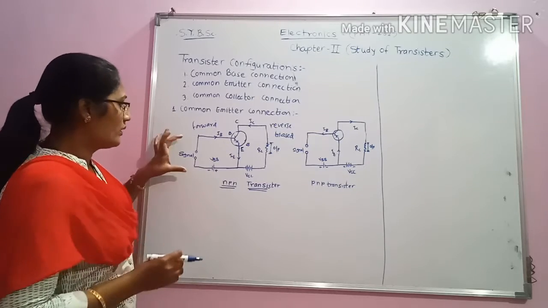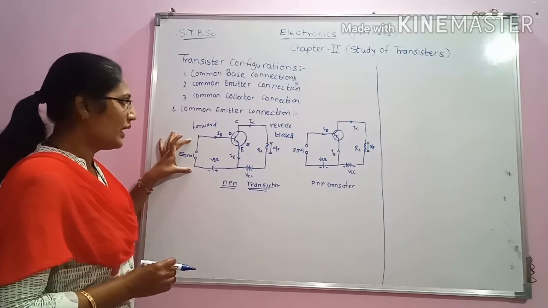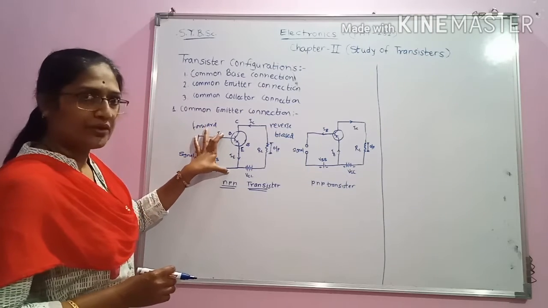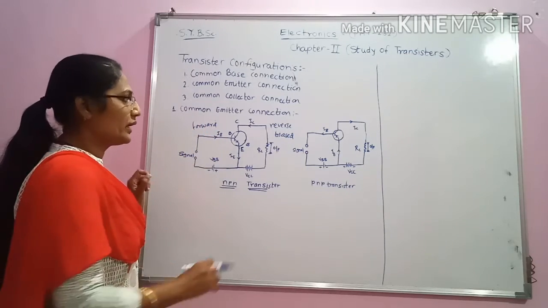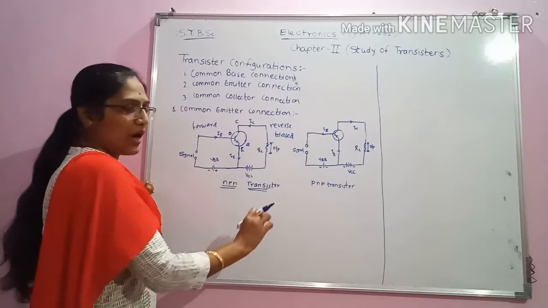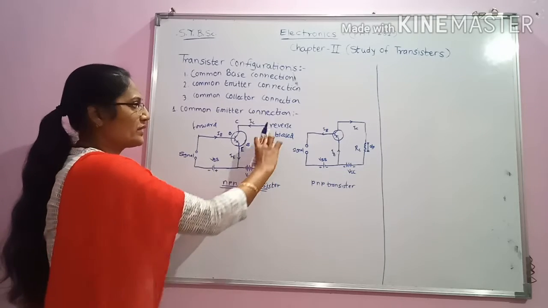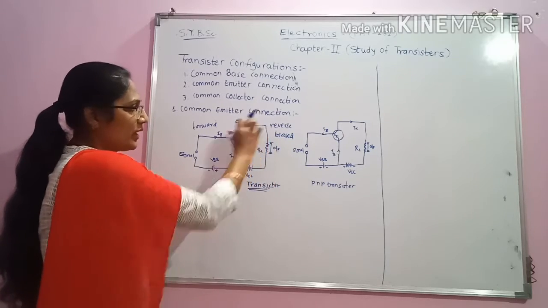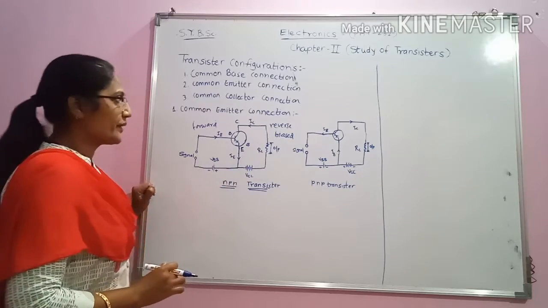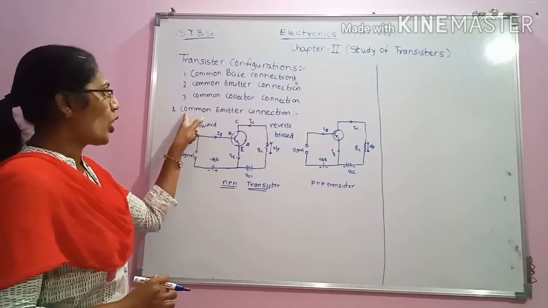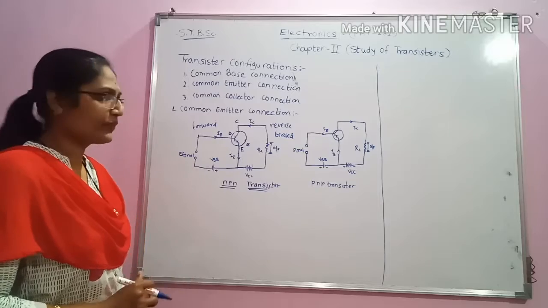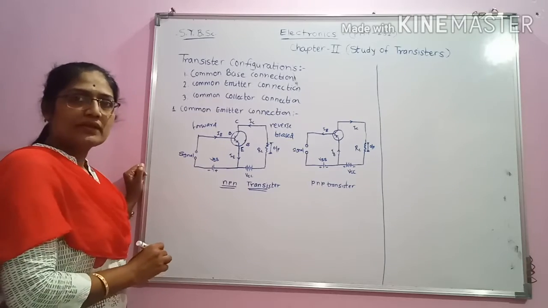So we are going to apply the signal in between base and emitter, and we are going to take the output voltage across this load resistance in between collector and emitter, and hence it is called common emitter connection.